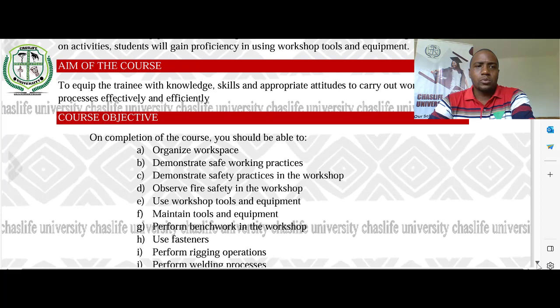So coming down to the aim of this course, really the aim is to equip all trainees with the knowledge, skills, and appropriate attitudes to carry out the workshop processes effectively and efficiently.